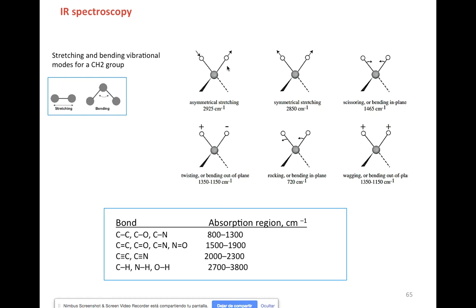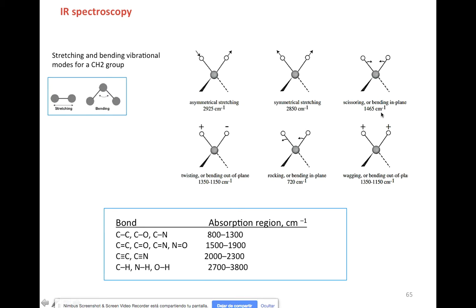2,925 centimeters to the minus 1, and a signal in this region is shown. Then you can see also the symmetrical stretching at 2850 and so on. You can see scissoring or bending in plane at 1465.